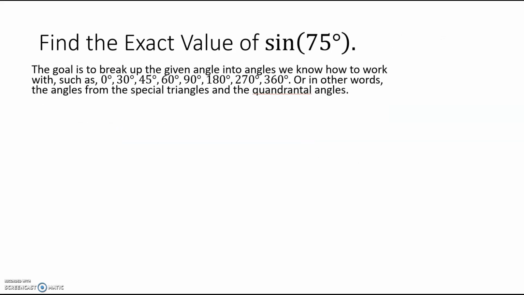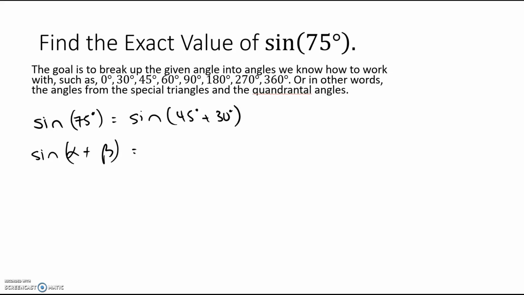Okay, so let's find the exact value of sine of 75. I can break that up into sine of 45 plus 30. So then I have sine of alpha plus beta is equal to sine of alpha cosine of beta plus cosine of alpha sine of beta.